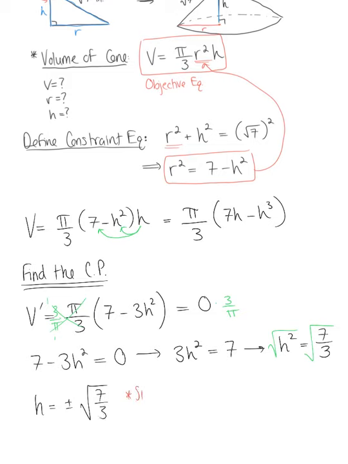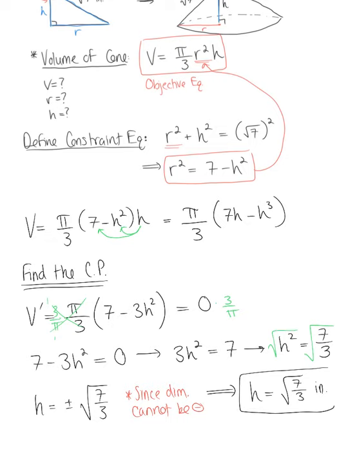Since dimensions cannot be negative, we deduce that our height must be equal to the square root of 7/3 inches.